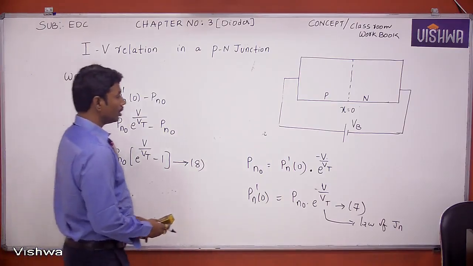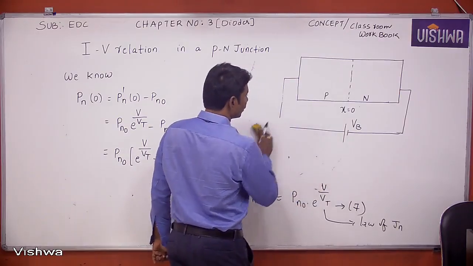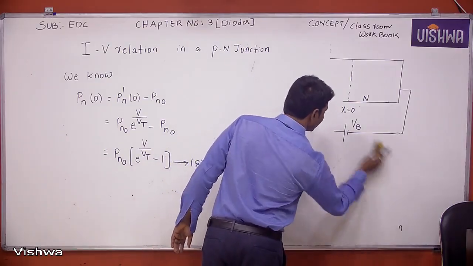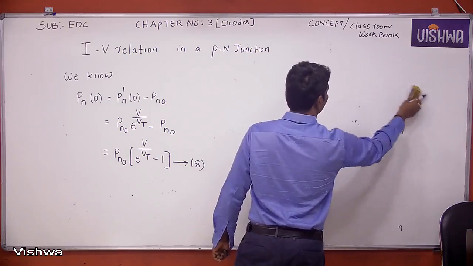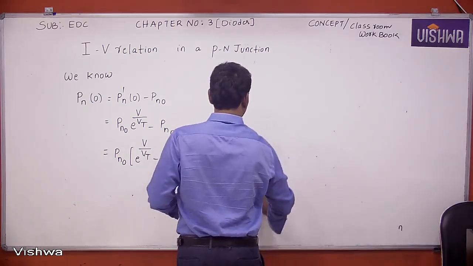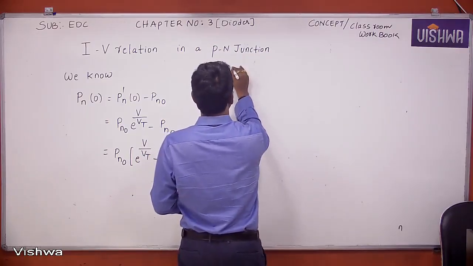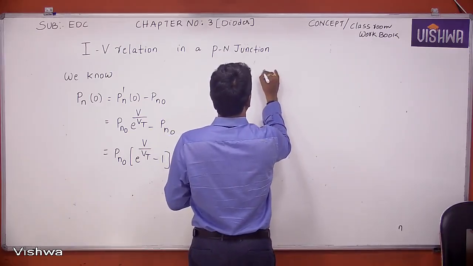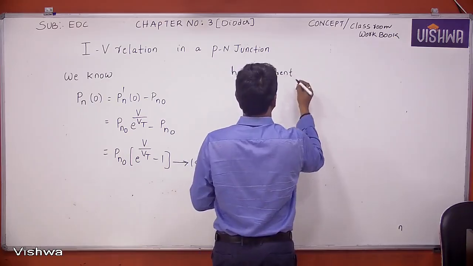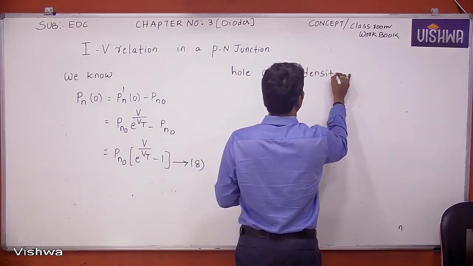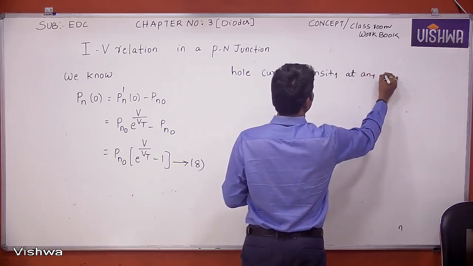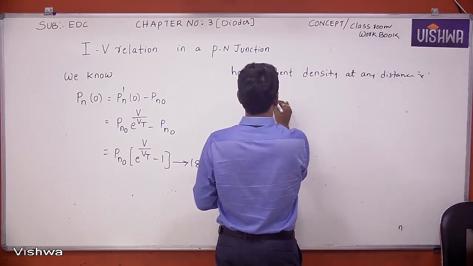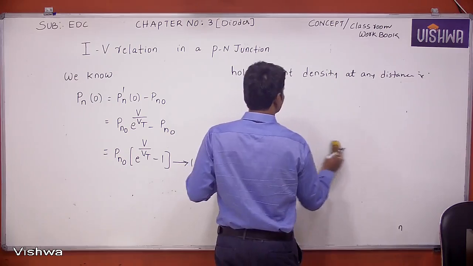Okay. Now tell me, in case of forward bias condition actually, what are the currents? I already told you: the total current is nothing but the sum of hole and electron diffusion currents, right? Here, first consider hole current density at any distance x.